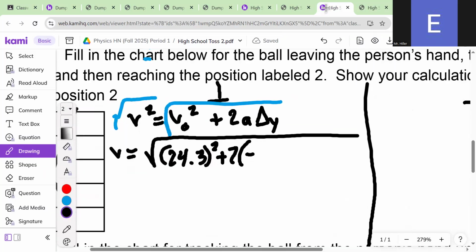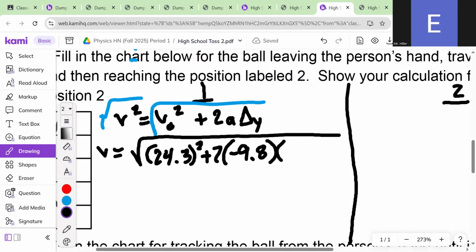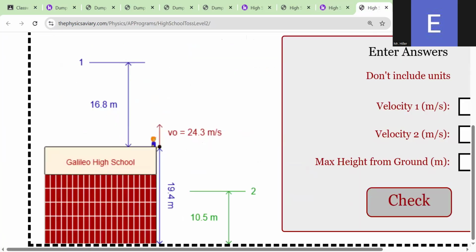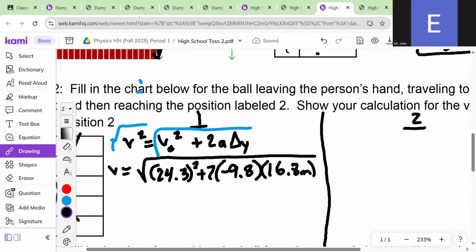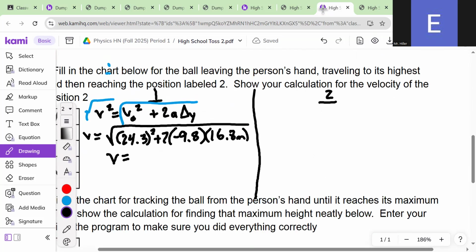Yes, negative 9.8 times my positive displacement to position 1, which is 16.8 meters, I believe. Let me just double check that. Yes. Okay, so I'm going to punch that into my calculator and I'm going to get a value for the speed at location 1. I'm going to do the exact same thing for location 2.